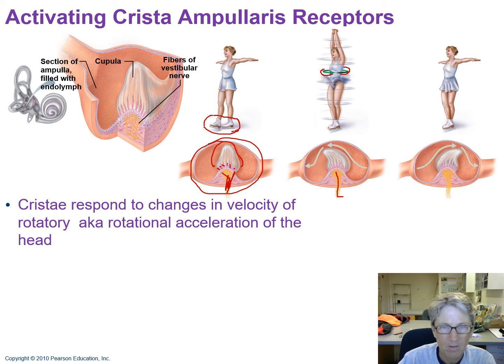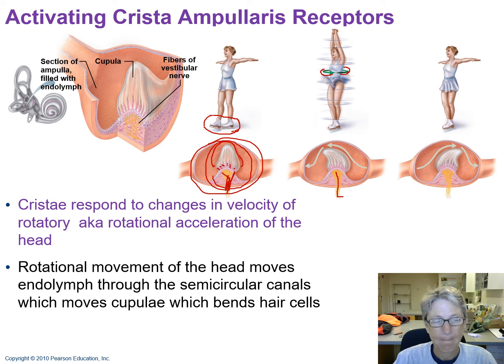So this whole thing is a crista ampullaris receptor. Collectively, they're called cristae. The cristae respond to change in velocity, the rotary or rotational acceleration of the head. And some details: when you rotate your head, there's endolymph in the semicircular canals.